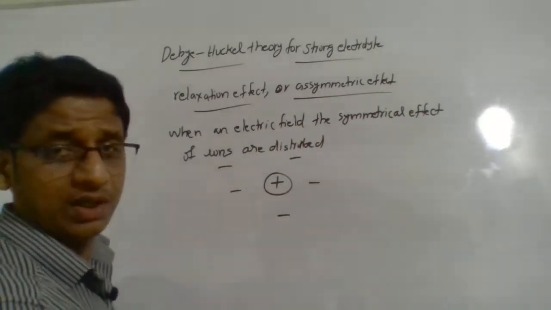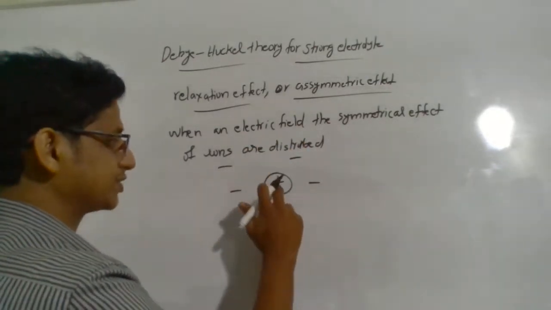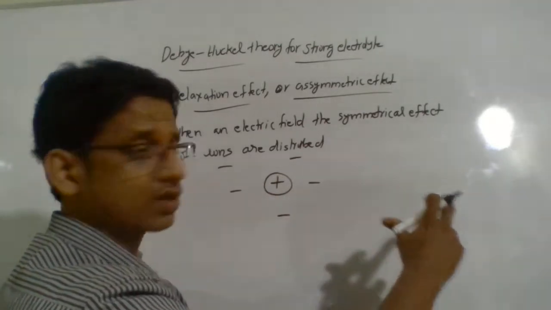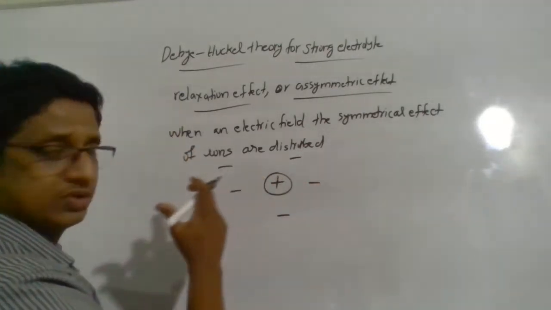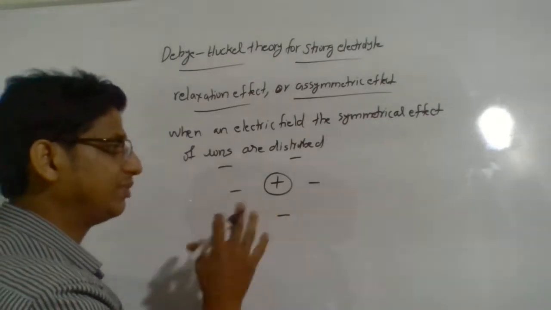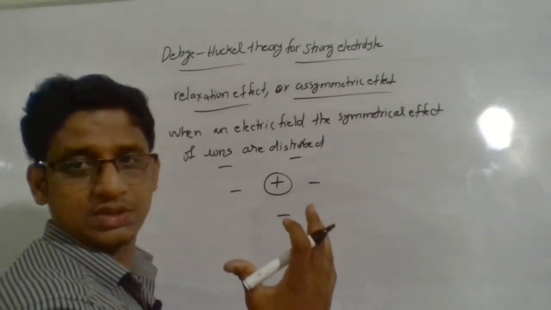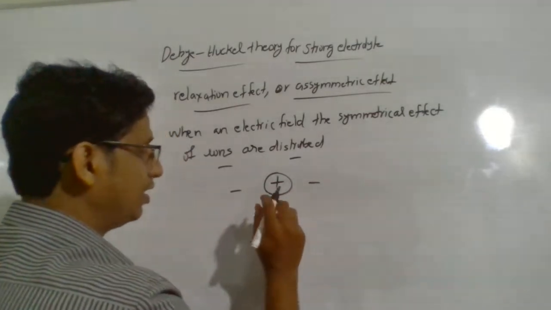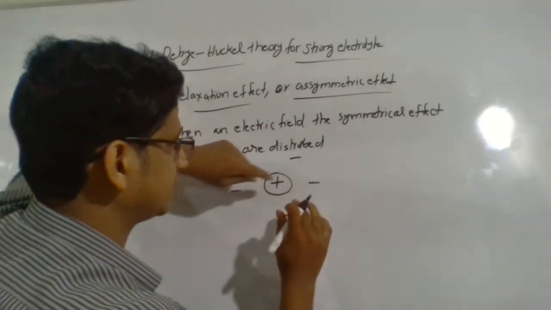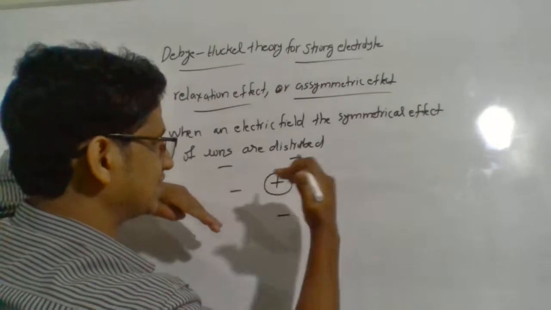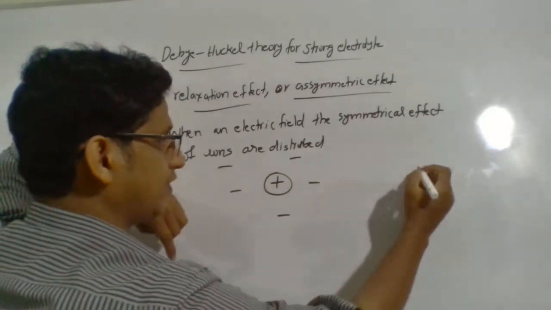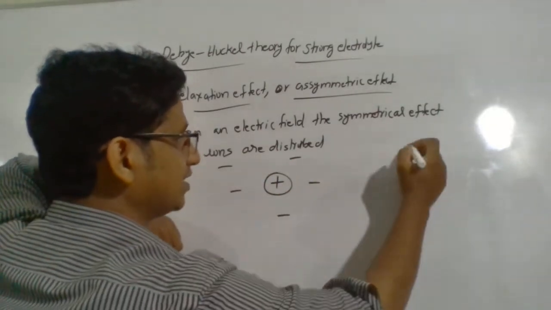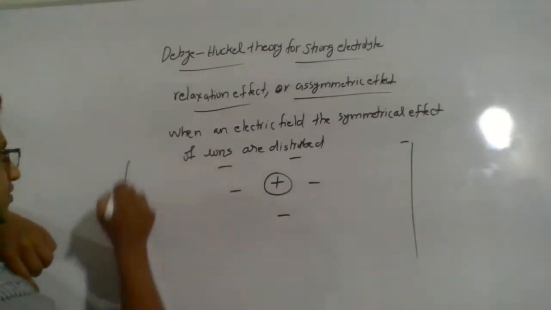The symmetry will be lost when an electric field is applied, because a positively charged ion tries to move to the negative electrode and a negatively charged ion moves towards the positive electrode. So the symmetry will be lost in the presence of an electric field. Imagine a negative electrode is there and a positive electrode is there.